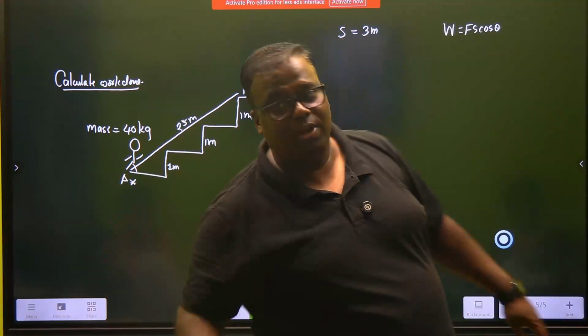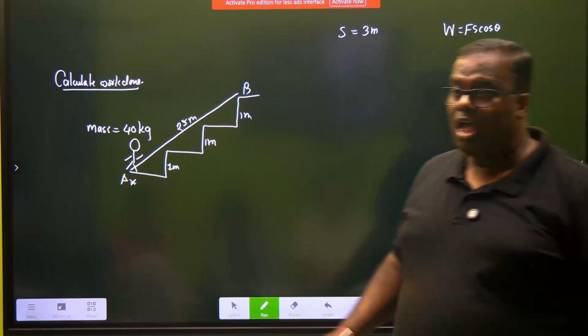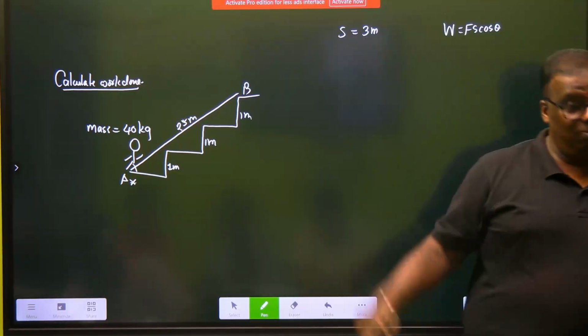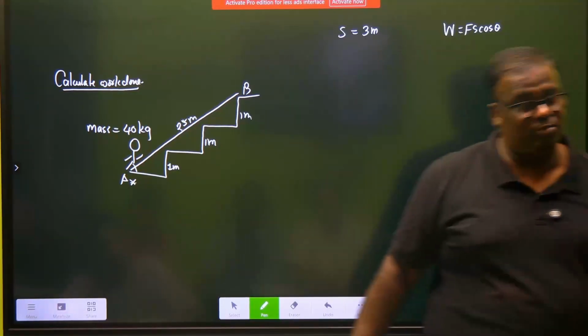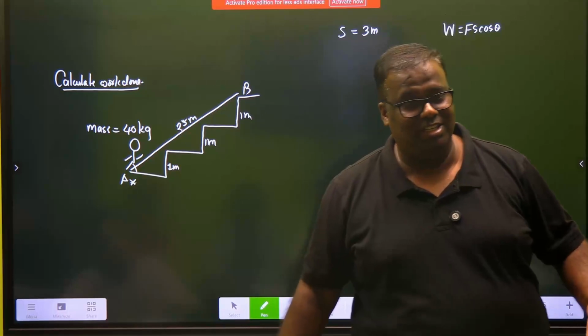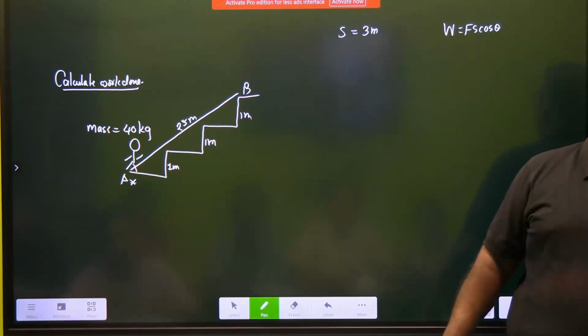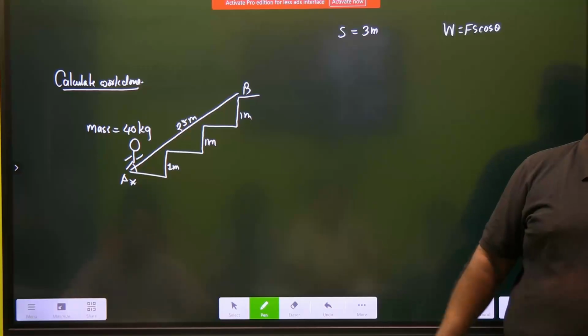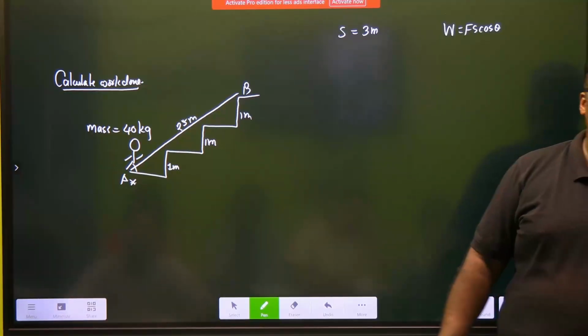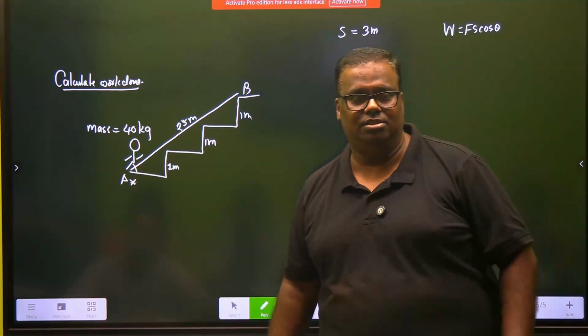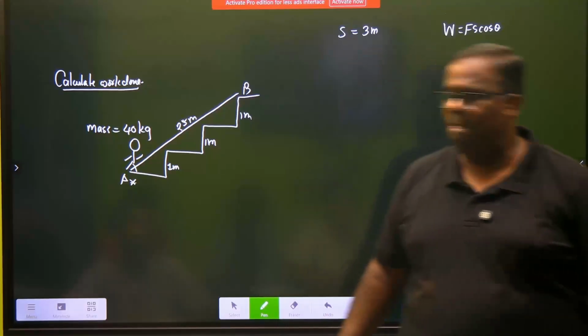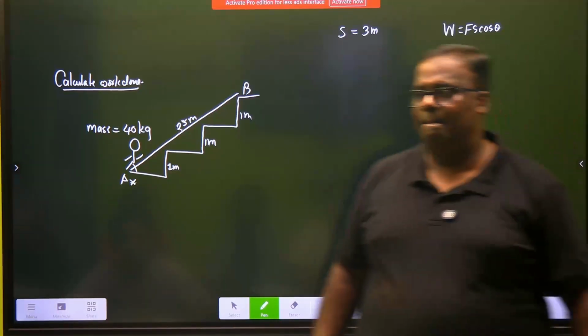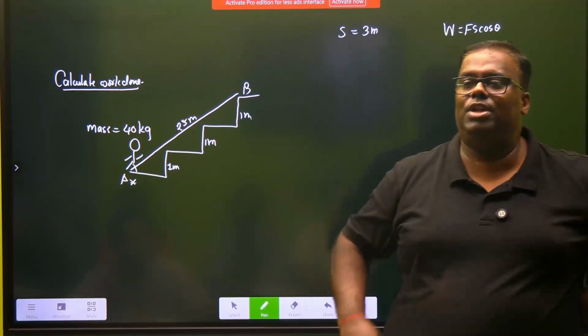Now you have to also find force. How to find force? And remember, this problem was given to you after I explained weight. So now we have to understand force. Think about Ryan. Why is he sweating? When do you sweat?